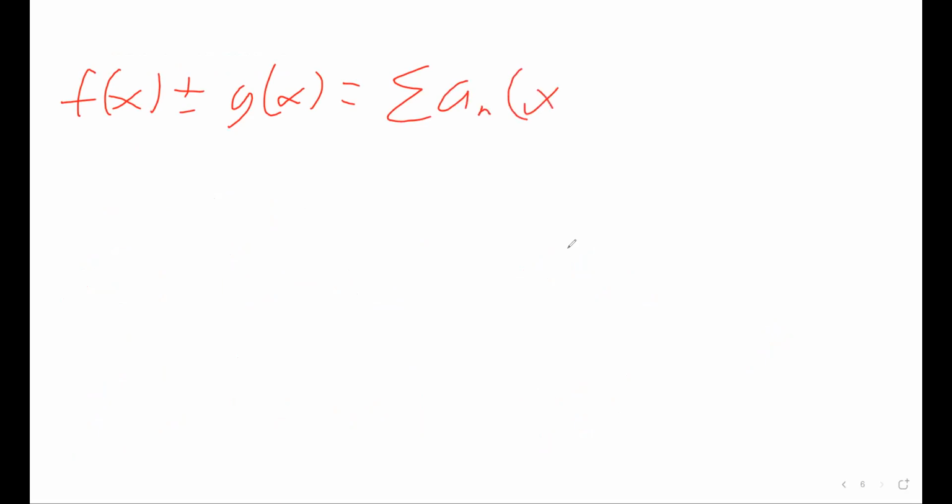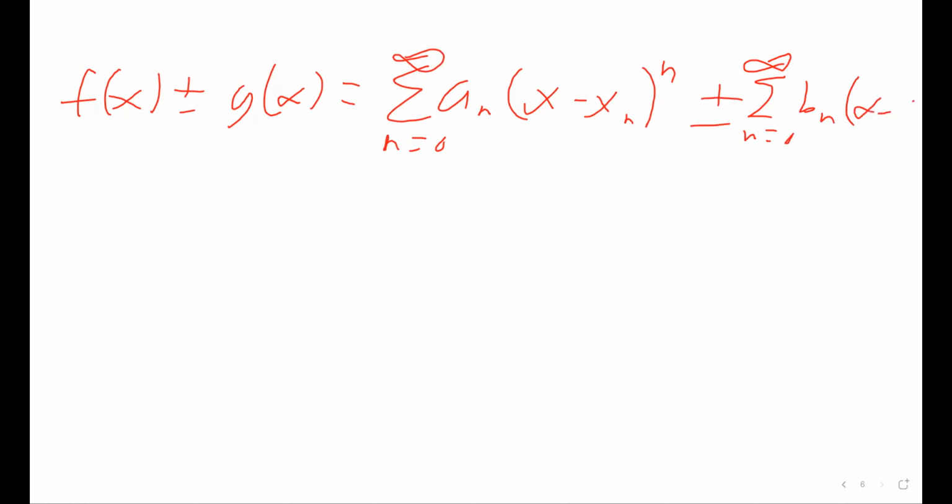So now let's look at our properties. If we do f of x plus or minus g of x, that's going to be the summation with our a plus or minus the summation with our b. But if you look at what we have here, it's the same summation.